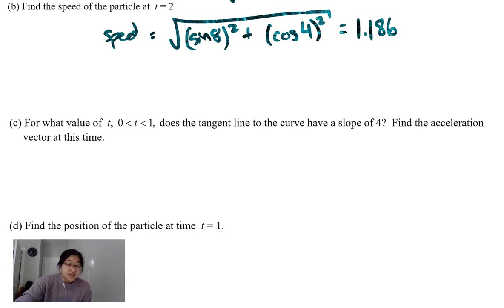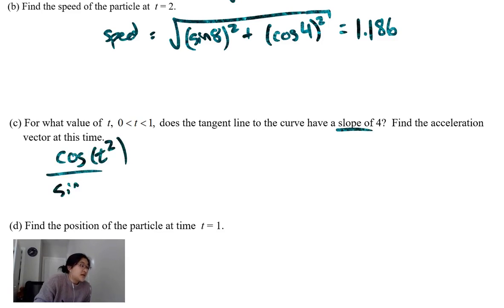For a value of t between 0 and 1, does the tangent line to the curve have a slope of 4? And then find the acceleration vector at that time. So when is the slope going to be 4? When cosine of t squared over sine of t cubed equals 4.